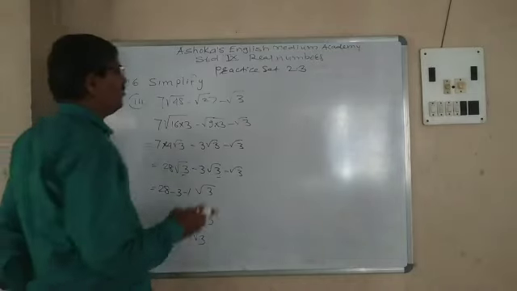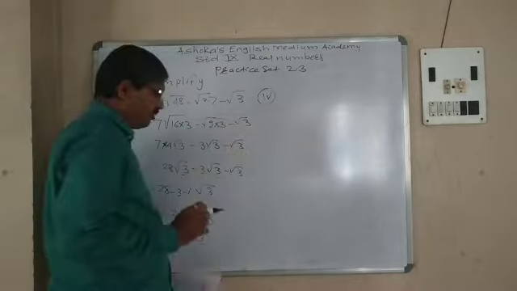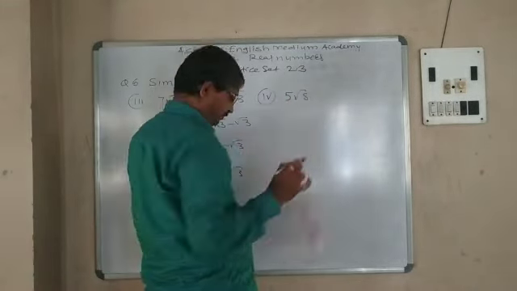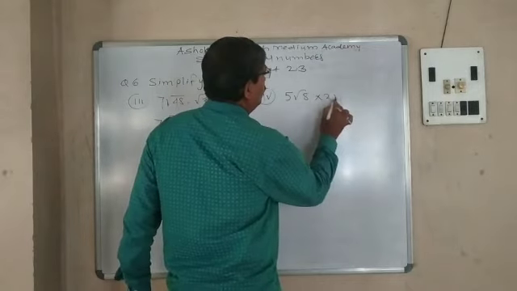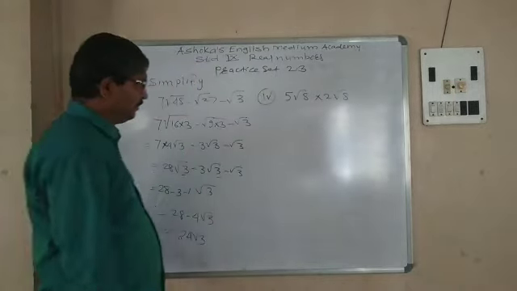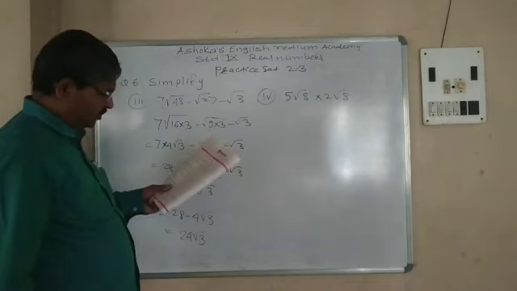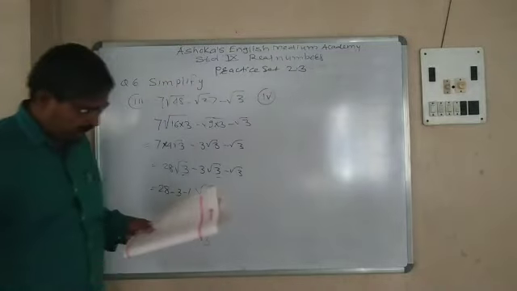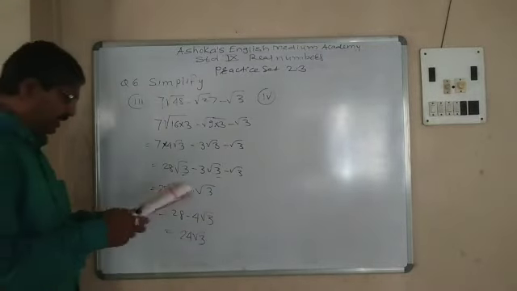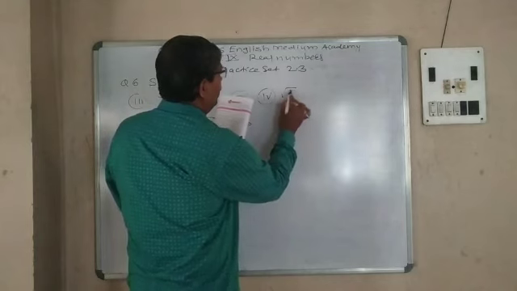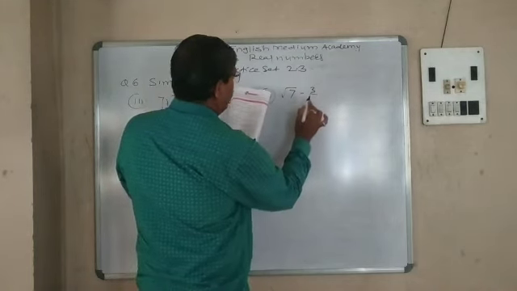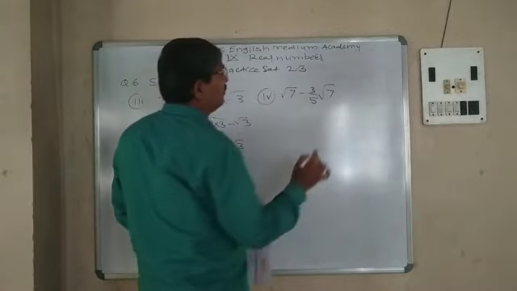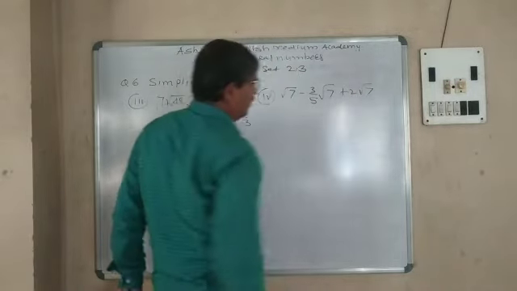In a similar way, we will take question number 4. What is question number 4? Sorry, that was a wrong question written by me. The question 4 is root 7 minus 3 upon 5 under root 7 plus 2 root 7.